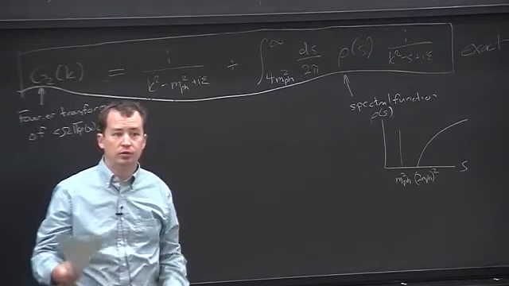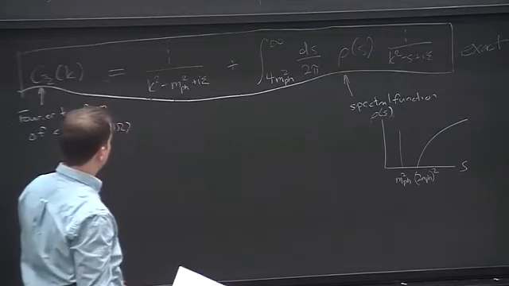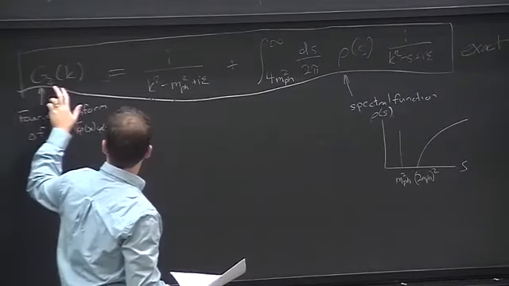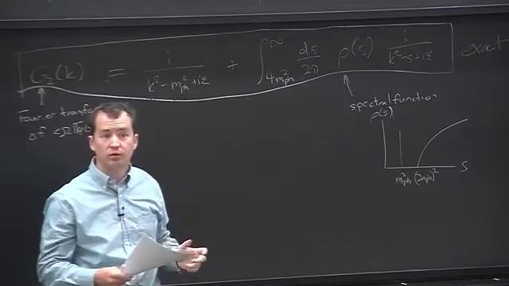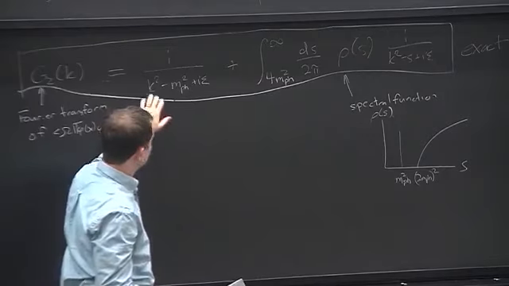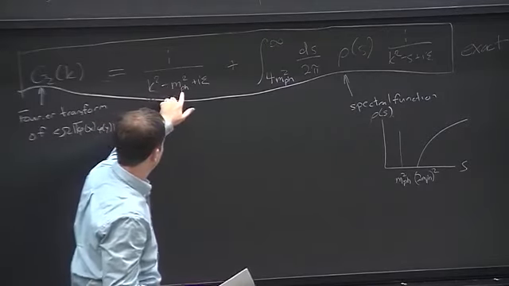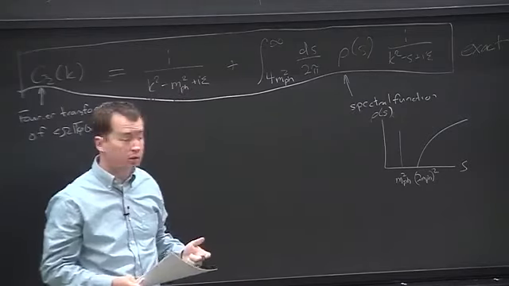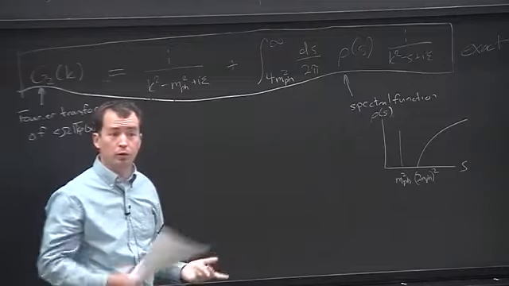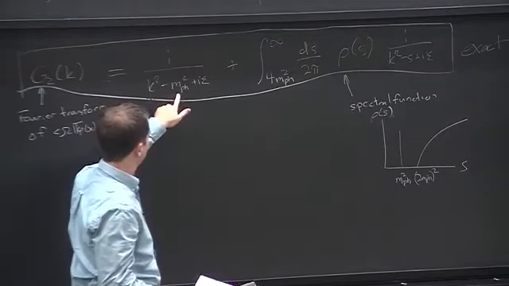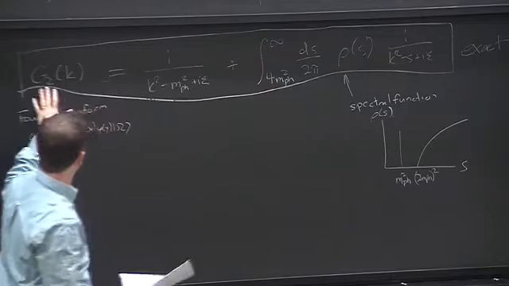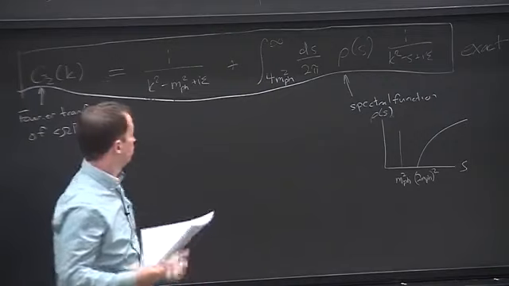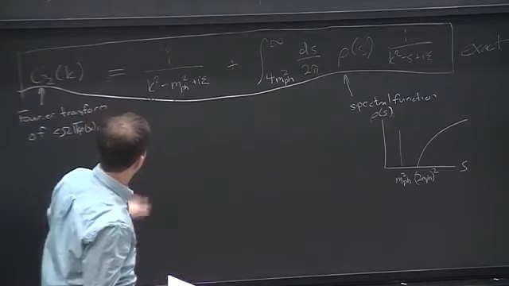In that case, there's no distinction between the mass that shows up in the Lagrangian and the physical mass. But here, we've made a statement about the exact propagator that relates it to the physical mass. So if we can compute things in perturbation theory, we better have a propagator that has a pole in the correct location. The location of the pole in the propagator is a physical thing. That is the physical mass of the theory.